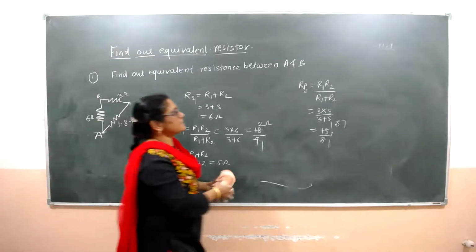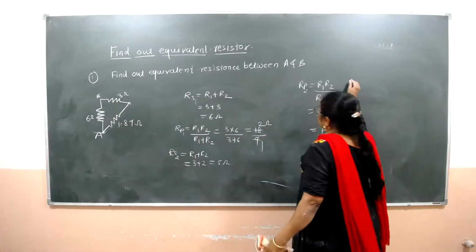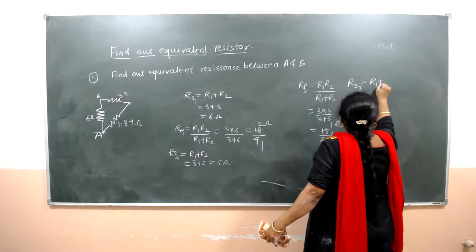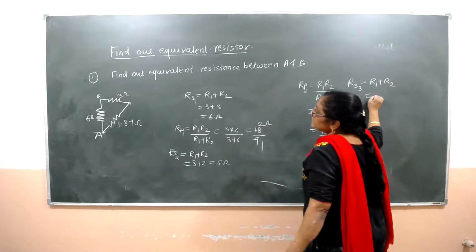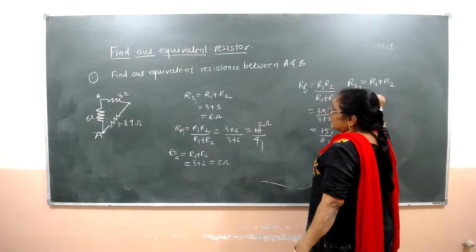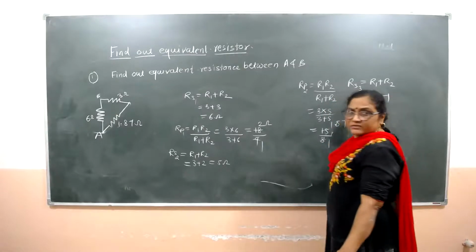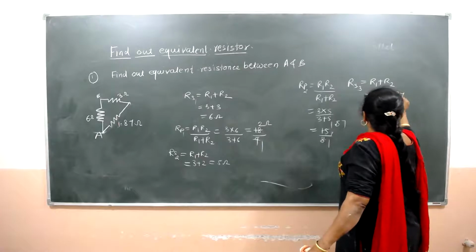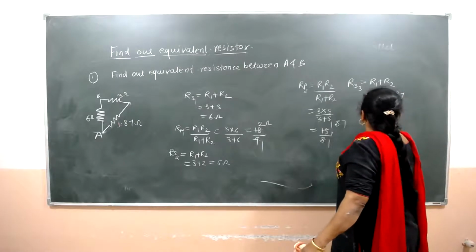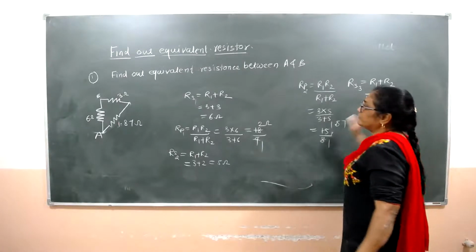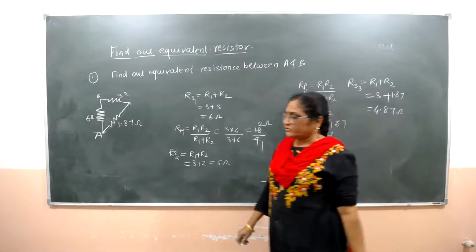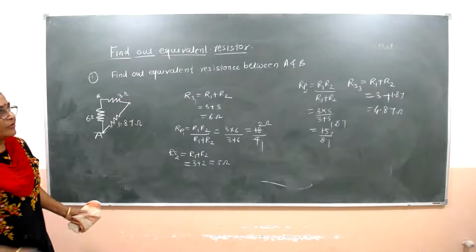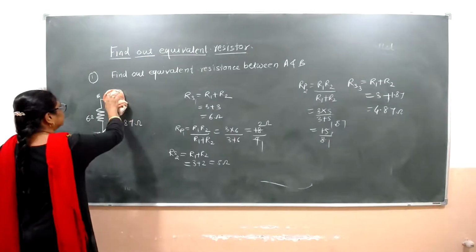Therefore RS3 is equal to R1 plus R2, which is 3 plus 1.87, and the answer is 4.87 ohm.